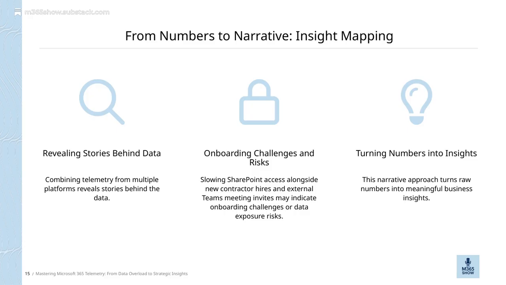By combining telemetry from multiple platforms, we can uncover these underlying stories that might not be obvious at first glance. It's like turning a collection of numbers into a coherent narrative that informs strategic decisions. Ultimately, this process helps us move from just seeing data to understanding it, mapping insights that guide our actions. It's a powerful way to leverage telemetry not just for monitoring, but for truly strategic insights.